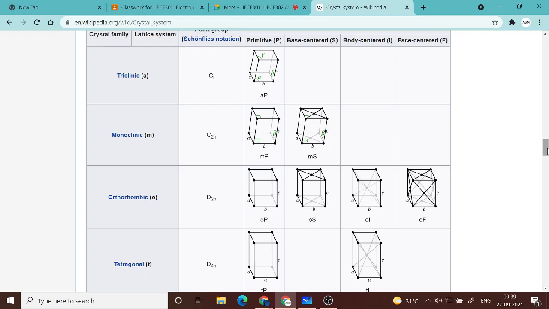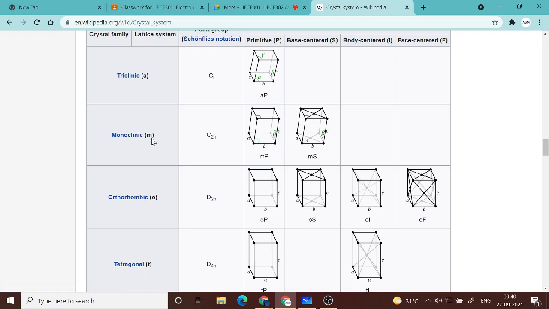Whereas if you look at the monoclinic, it has a restriction. The restriction is that alpha and gamma are 90 degrees, only beta is not 90 degrees. So two angles are 90 degrees, and only one of them is not 90 degrees, and A, B, C are different, so that is called monoclinic.